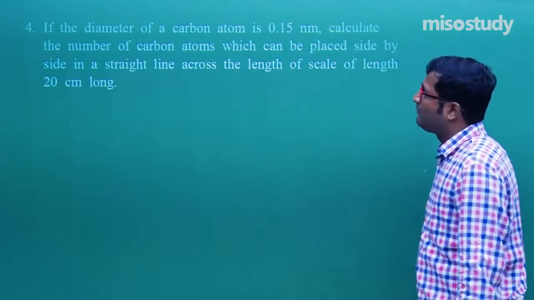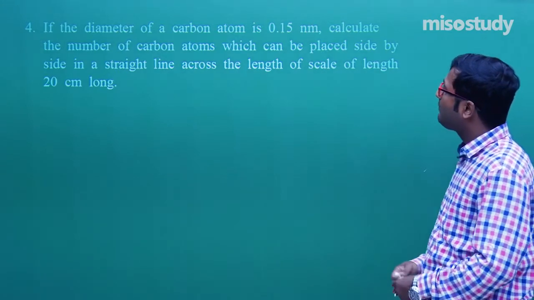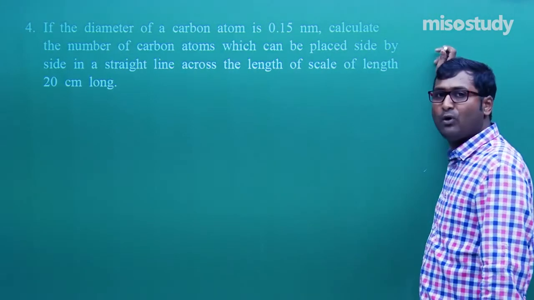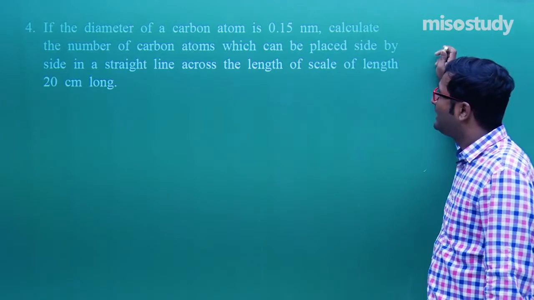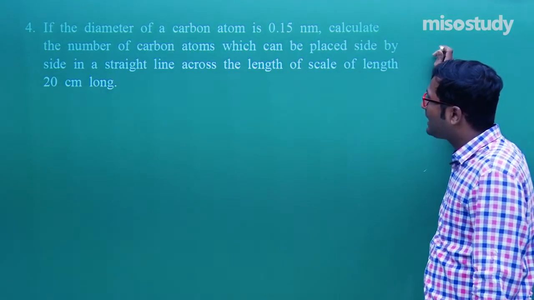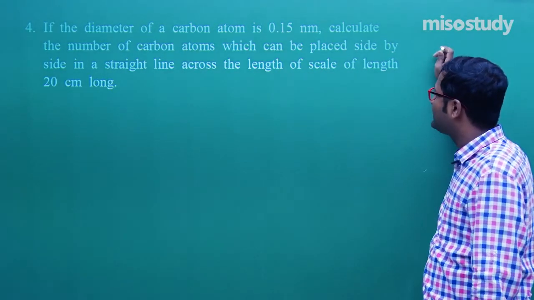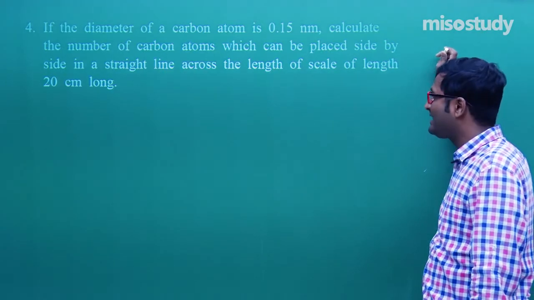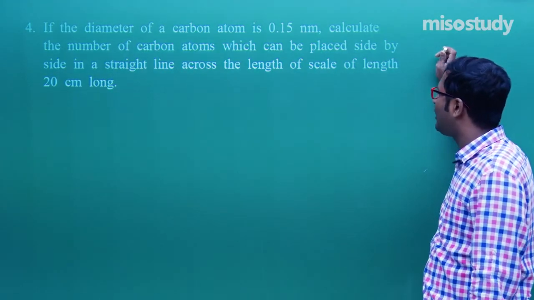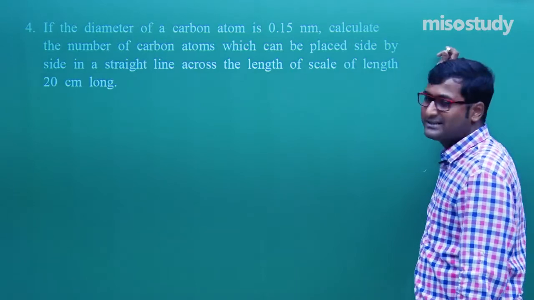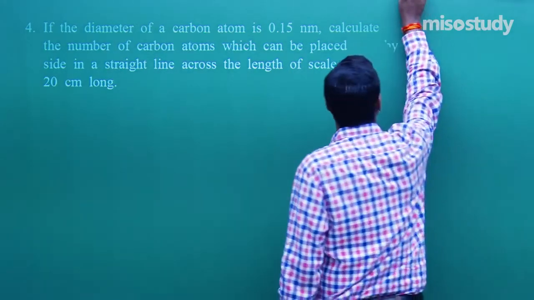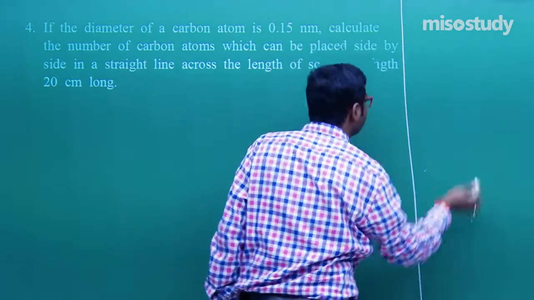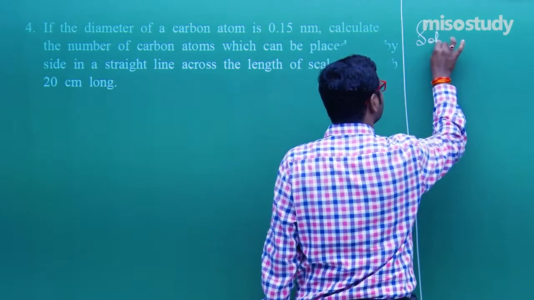Now question number 4. If the diameter of a carbon atom is 0.15 nanometer, calculate the number of carbon atoms which can be placed side by side in a straight line across the length of a scale of 20 centimeter length. What is given here? Listen carefully. Read the question.